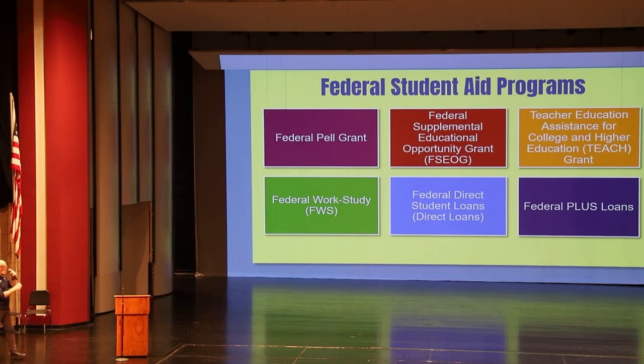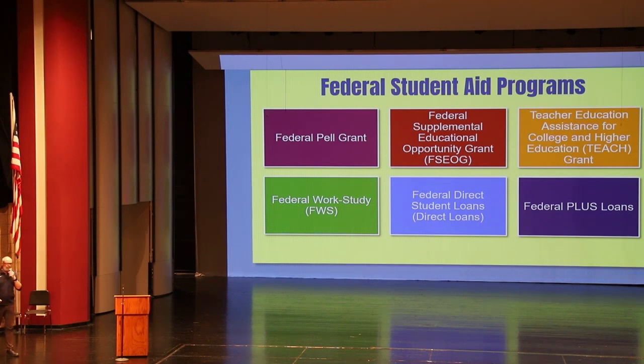Then there's the federal PLUS loan. PLUS stands for Parent Loan for Undergraduate Students. So you as a parent can borrow on behalf of your child in your name. That loan will be in your name, and you can borrow up to the cost of attendance minus their other financial aid.